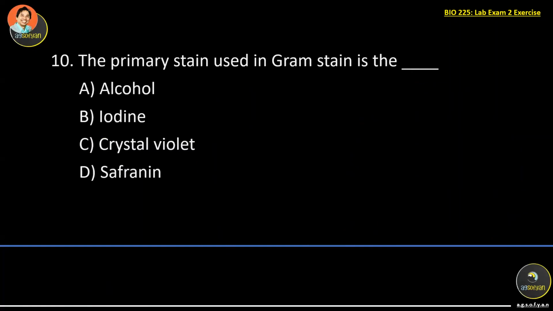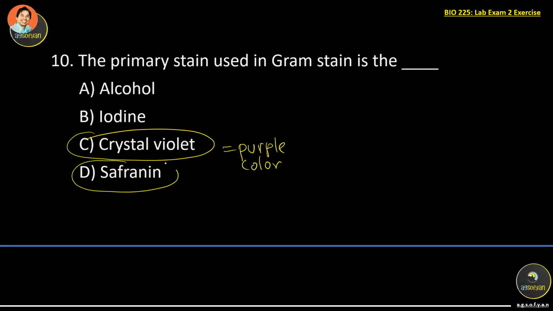The primary stain used in gram stain is the A, B, C, or D. What is that? The primary stain used is crystal violet, which has a purple color. Okay, so this is the primary stain. The secondary or counter stain is the safranin.